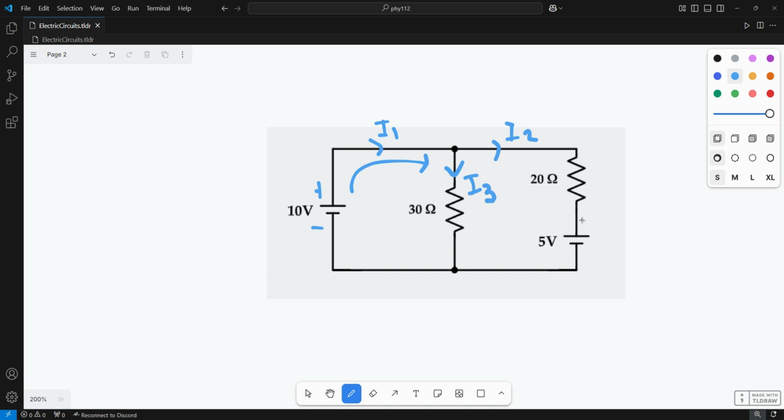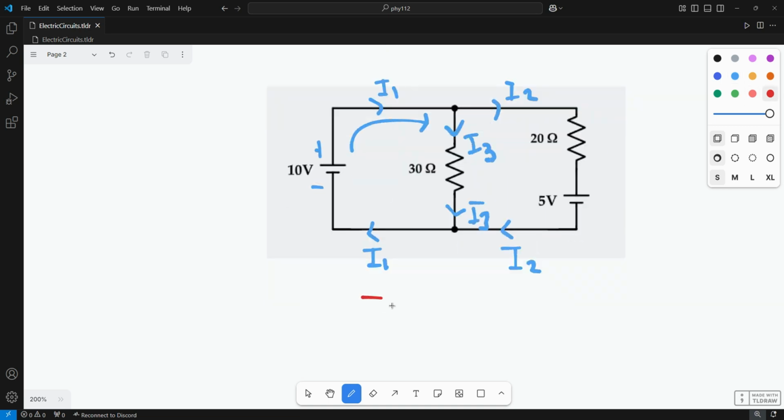So this I2 will pass from this and reunite with I3 and again give us I1, which indicates that charge is conserved. So using Kirchhoff's current law, we can write that I1 is equal to I2 plus I3. So we'll get back to this later after we have learned what KVL is.